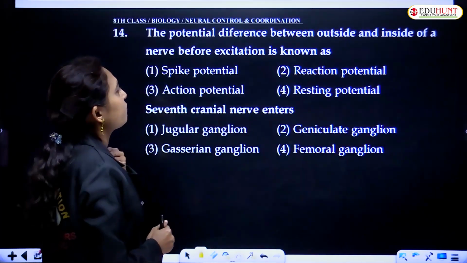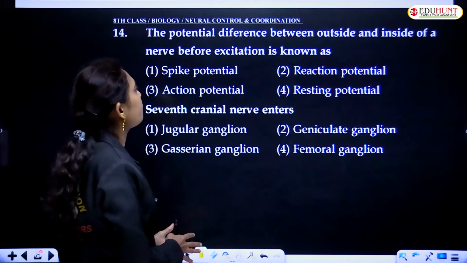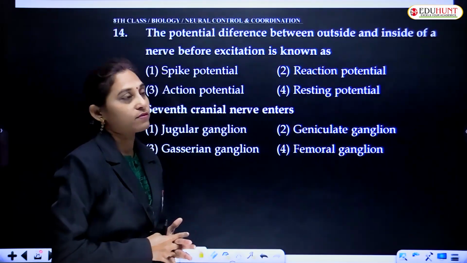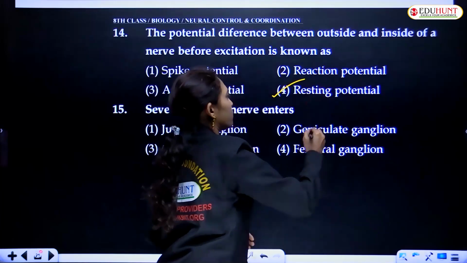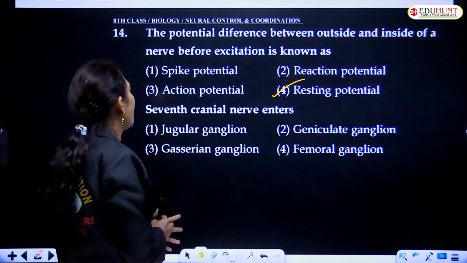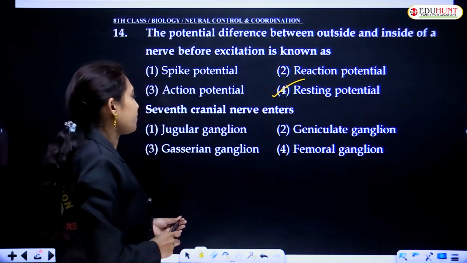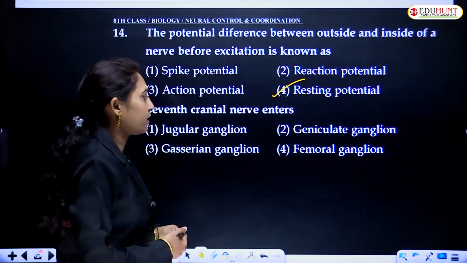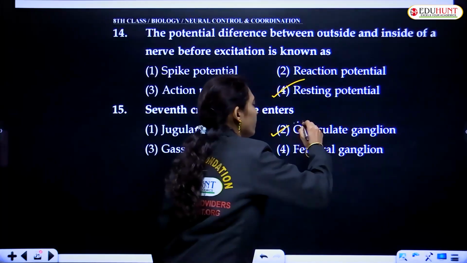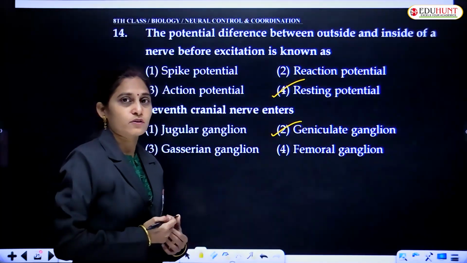The potential difference between outside and inside of a nerve before excitation is known as resting potential. The seventh cranial nerve enters the geniculate ganglion, which is the correct option.